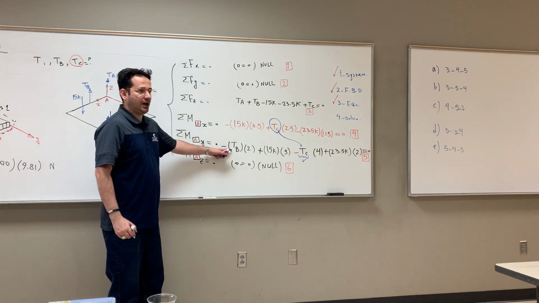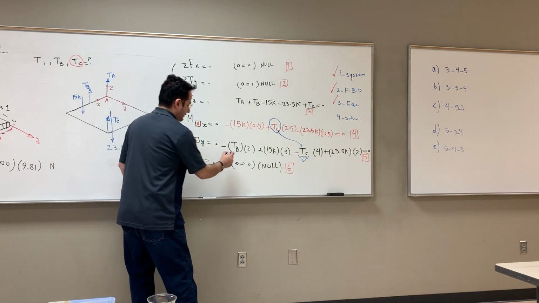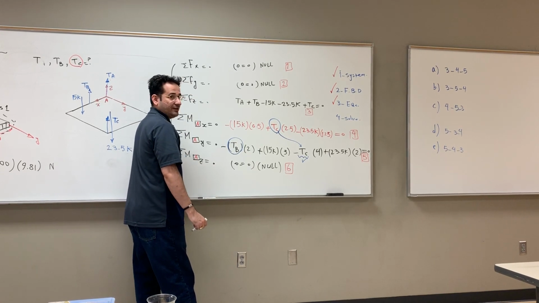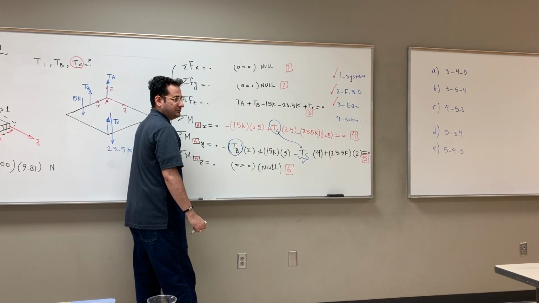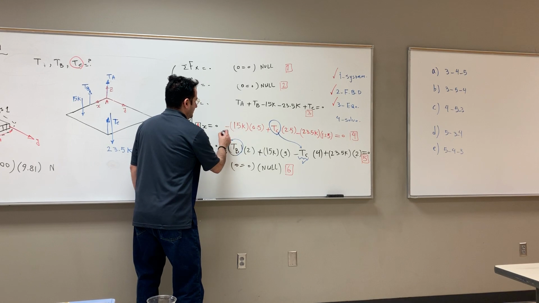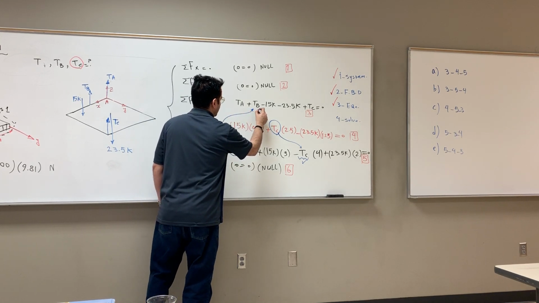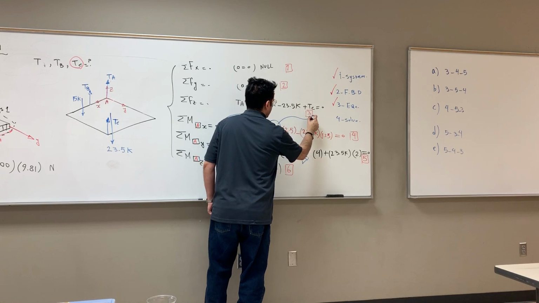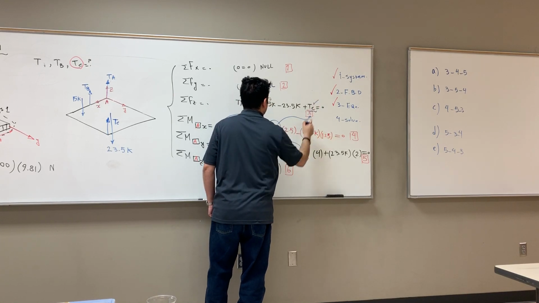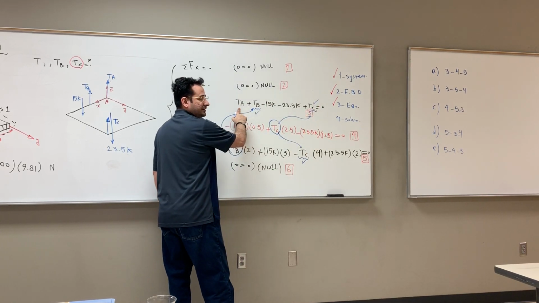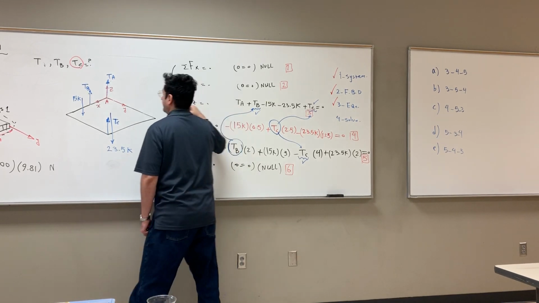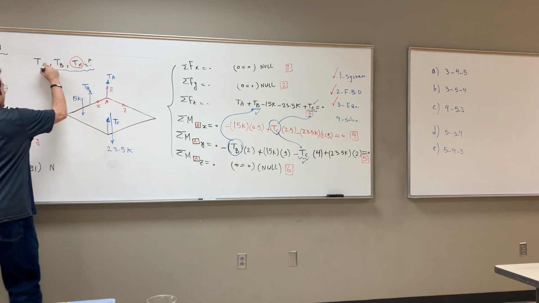And you get, out of this equation, TB, right? And then the next step. You put TB here. And then you put TC here, you get TA out of this equation. So you solve for all of A, B, C.